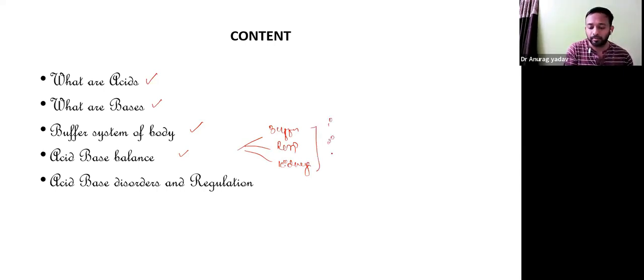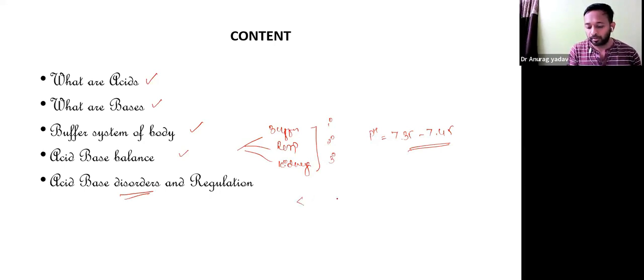These are the primary, secondary, and tertiary levels of defense to maintain a normal pH, which ranges from 7.35 to 7.45. The body tries to maintain pH within that range. If it goes above or below this range, then we come across acid-base disorders.